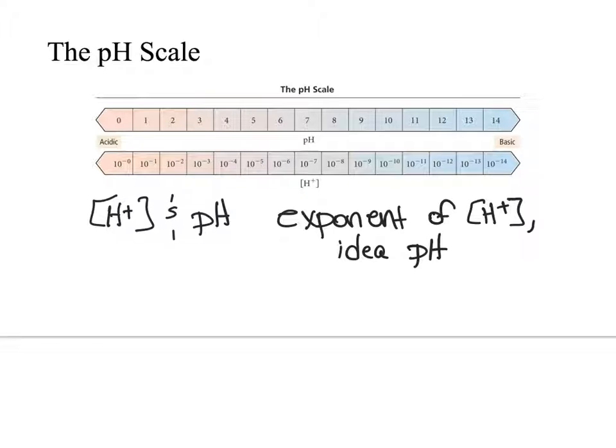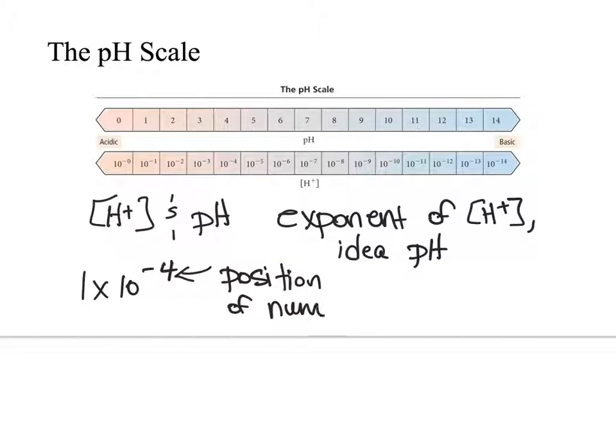The reason for that is if we look at a number like 1 times 10 to the negative 4th, this exponent tells us the position of the numeral relative to the decimal.